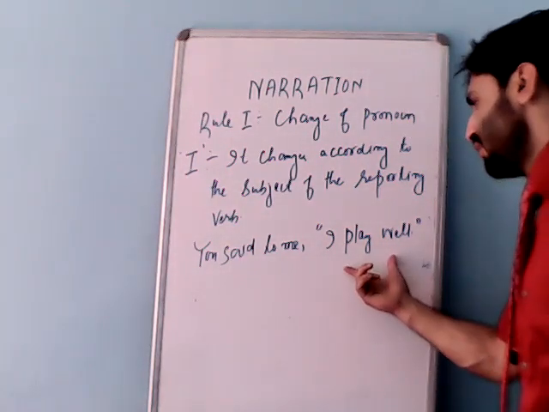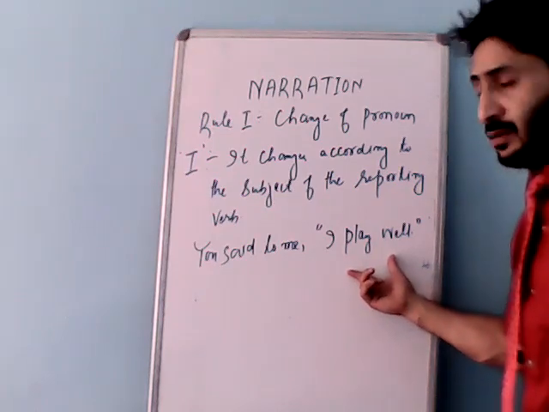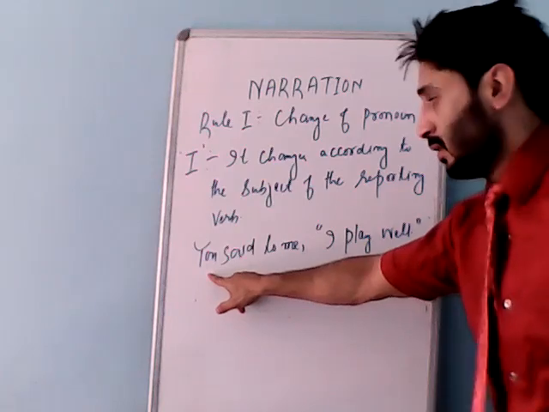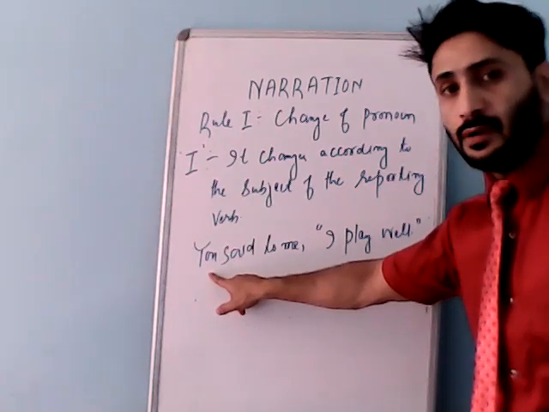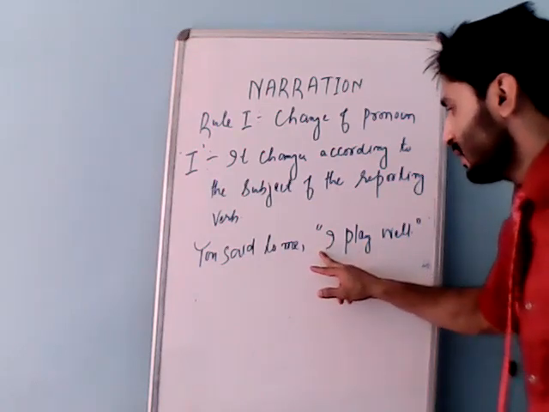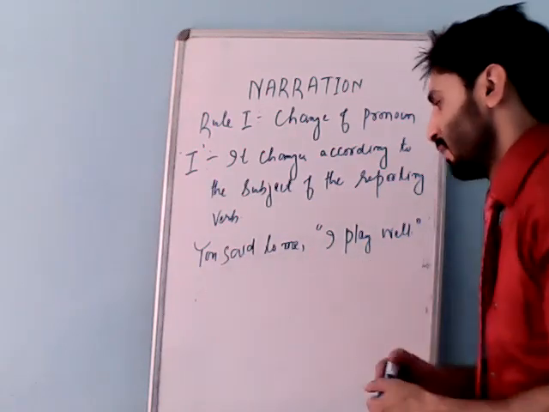Now the reported speech is the same sentence, but as you can see, there is a change in the pronoun in the subject of the reporting verb. Now when I change the sentence from direct to indirect speech, this I will change to you.